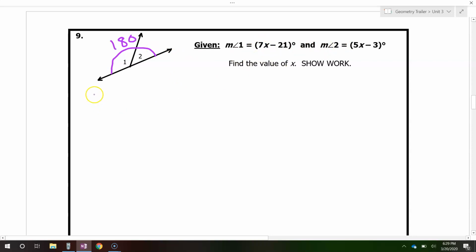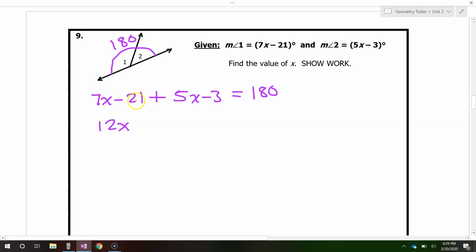So that's why I'm going to go 7x minus 21 plus 5x minus 3 is equal to 180. If I add these together, I'm going to get 12x.